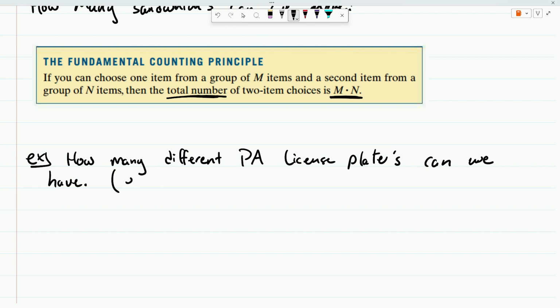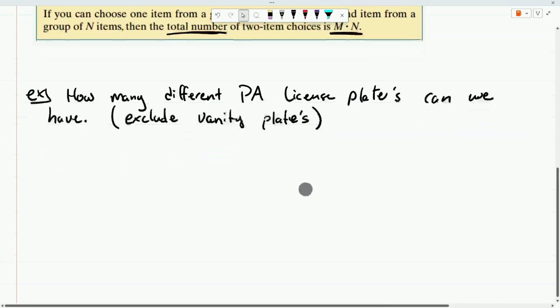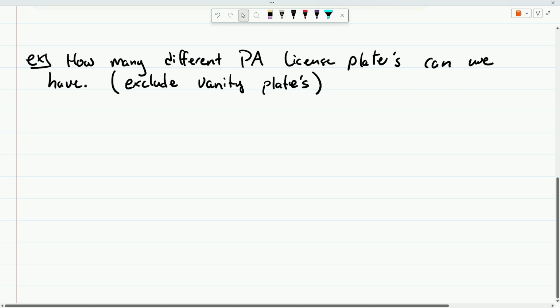All right, now we will exclude vanity plates. All right. So vanity plates are the ones that say something interesting on the back, or, I don't know, like cool dude or something like that. Don't ask me. But anyways, so how many different license plates can we have?